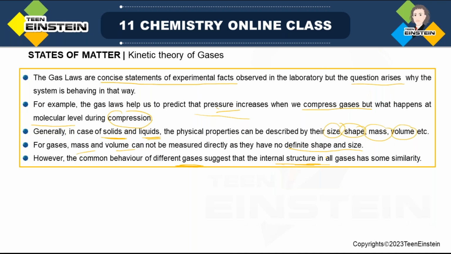But for gases one thing is unique, which you will not get for solids and liquids, and that is their common behavior. That is why you can apply all these gas laws. Fine. And it is possible because of similarity in the internal structure. So kinetic theory is basically a mental model.